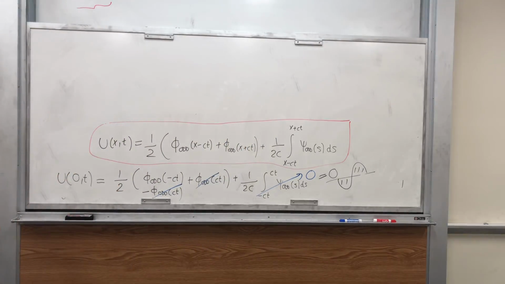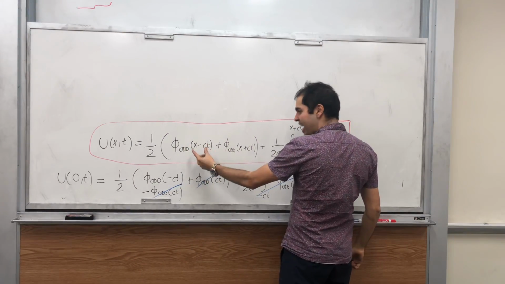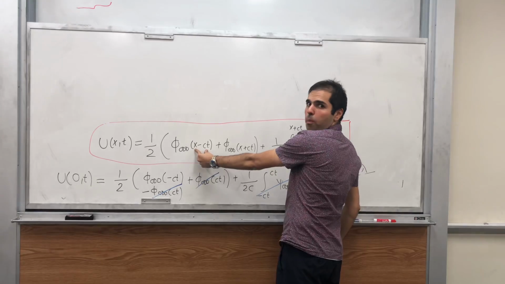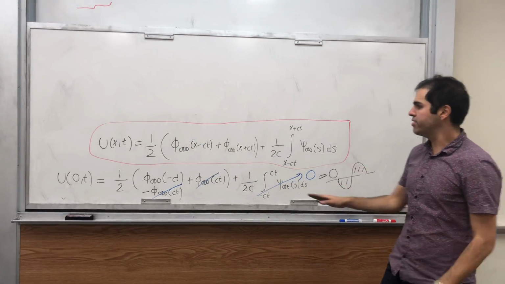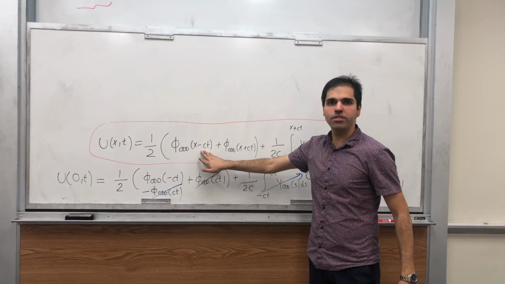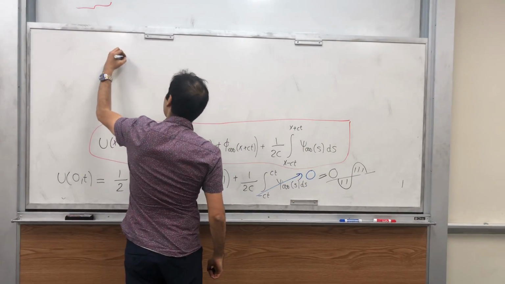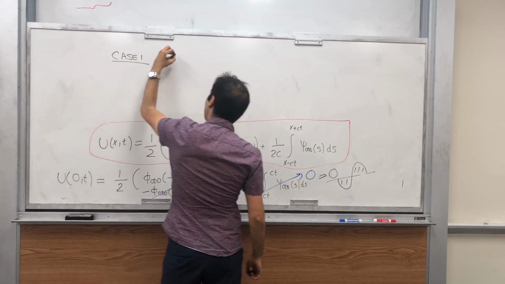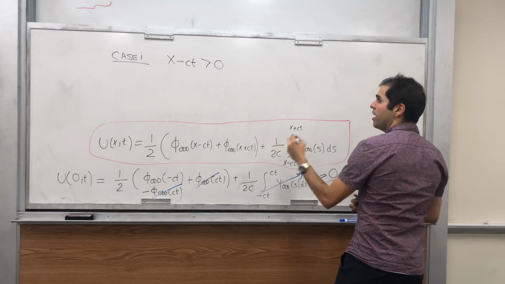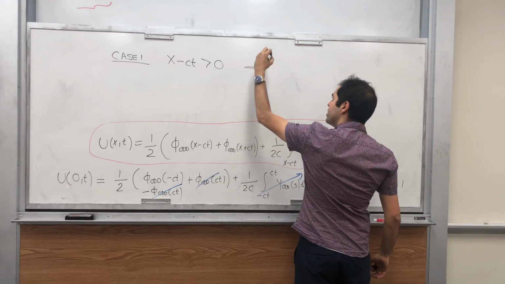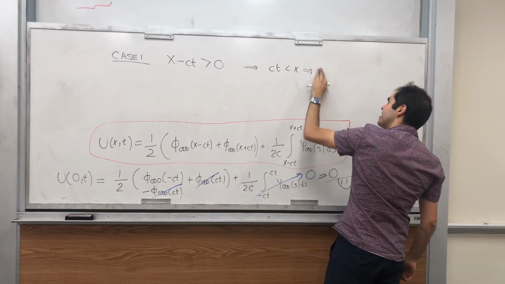Now, here's the thing. This definition changes whenever this is positive or this is negative. So we do have to split into two cases. One where this becomes negative, and the other one where this is positive. So case 1, suppose x minus ct is positive. And notice, what's the interpretation? This means ct is less than x, so t is less than x over c.